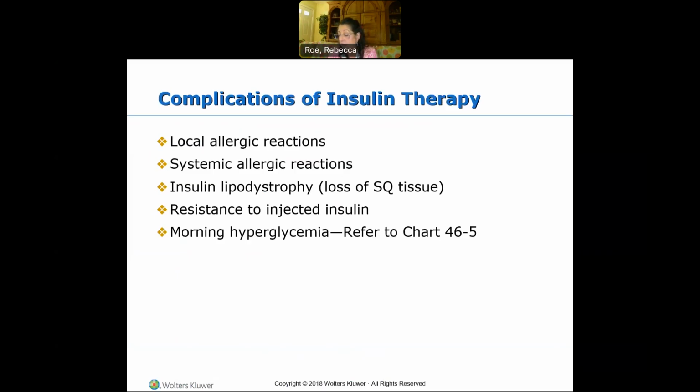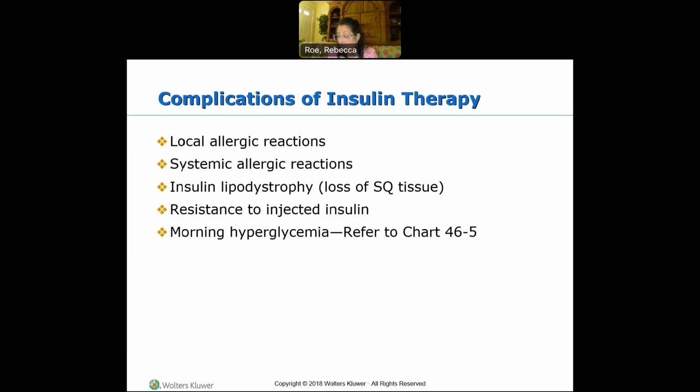So you may get redness, swelling, and tenderness about 1 to 2 hours after an injection. It can resolve in hours or days, but if it does not, they may need to change the brand or the type, or they report the lot number or whatever. But there's going to have to be some way of being able to sensitize the patient to that insulin.